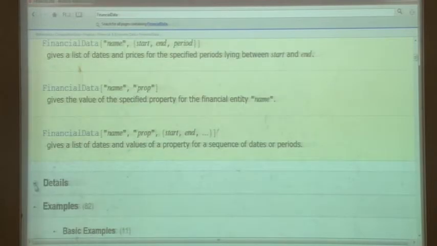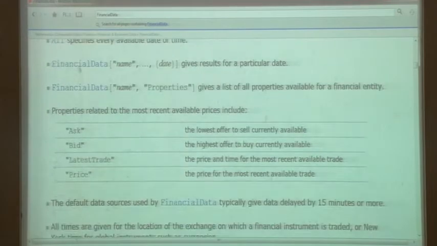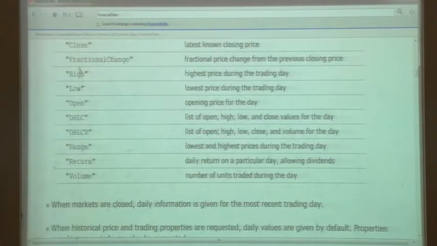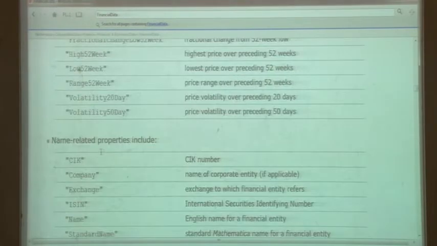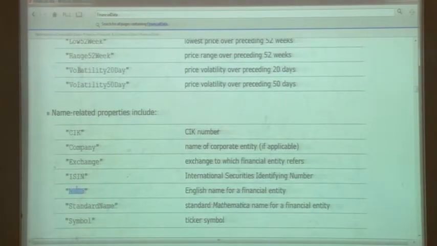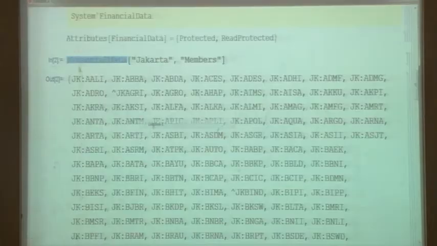But what I want to ask, actually, is the name. So I'm gonna look for the property name here. Look at that. You see? English name for a financial entity. I got that property, right? Okay, so knowing that property, I go back here.